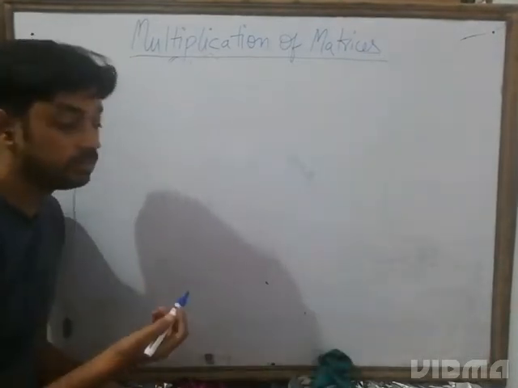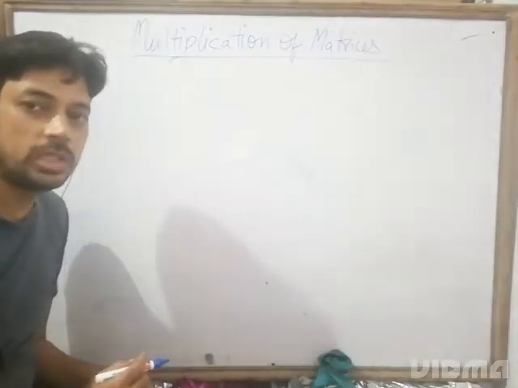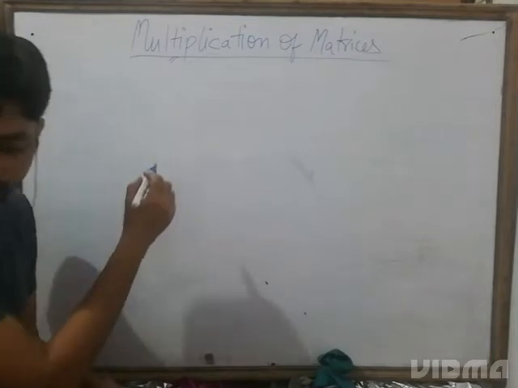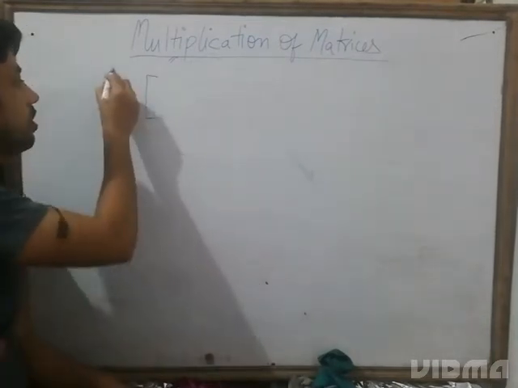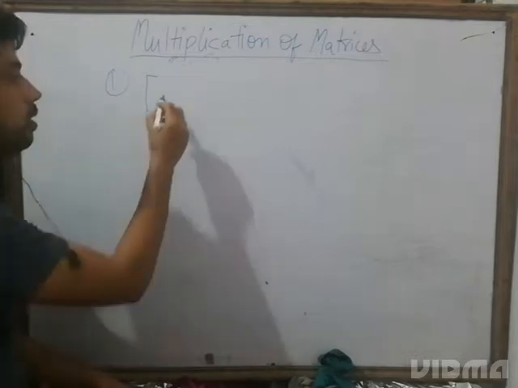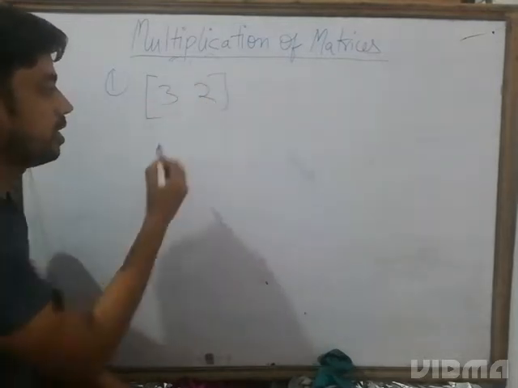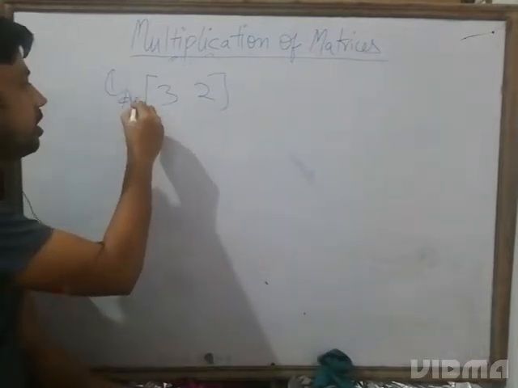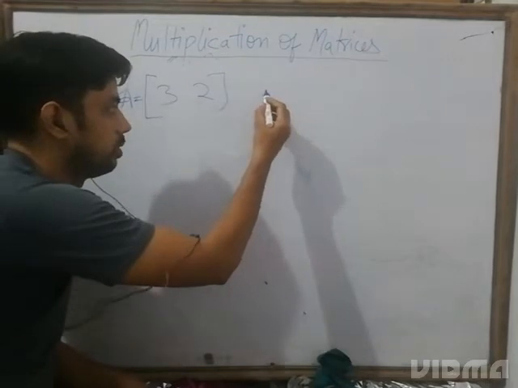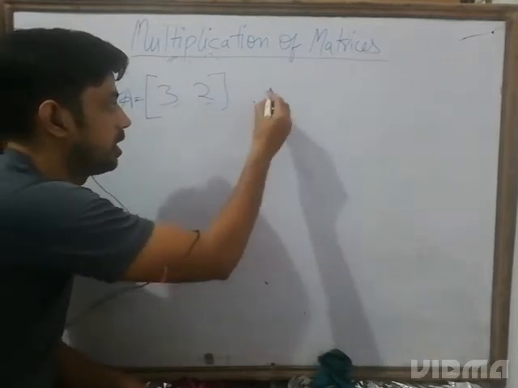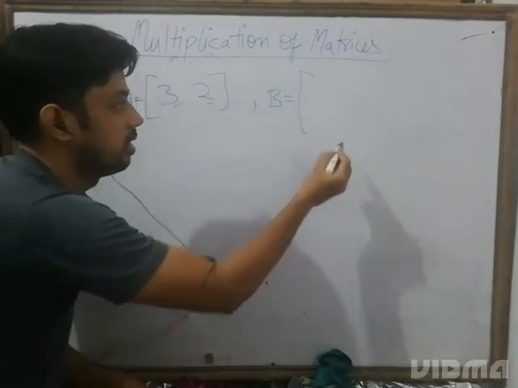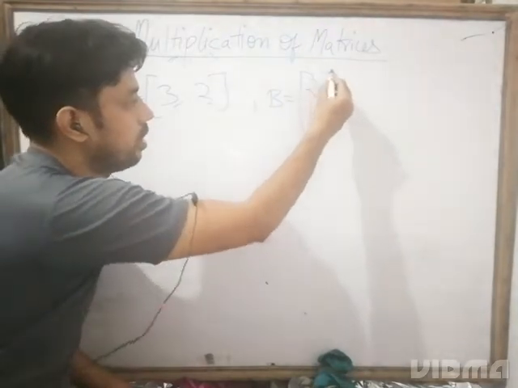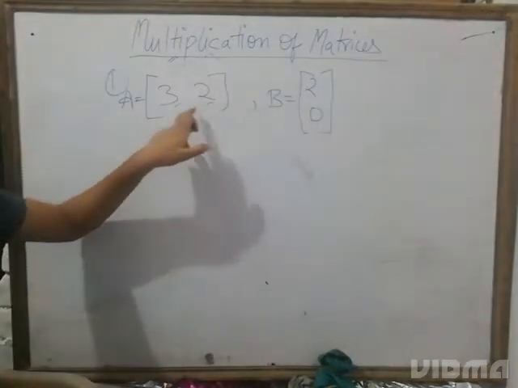So we will move forward. What is the role of order in multiplication? Suppose we take the first question: we have been given matrix A equals 3, 2. These are the elements of the matrix. And B is given as 2, 0. These are the elements of the matrix.